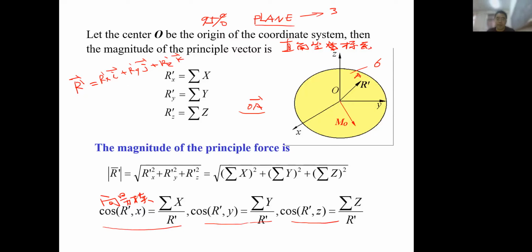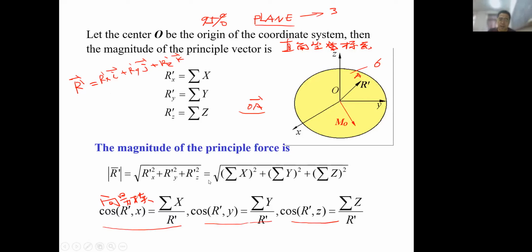I hope you guys can understand that. So if we know the three components Rx prime, Ry prime, and Rz prime, the magnitude of the principal force will be very easy to find.